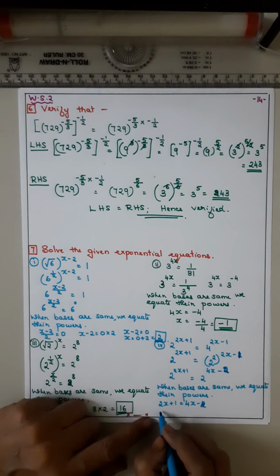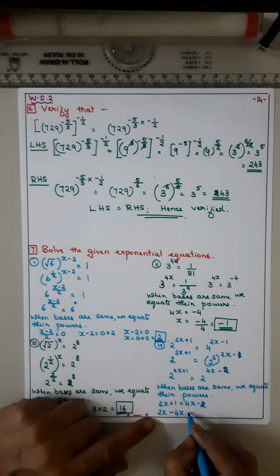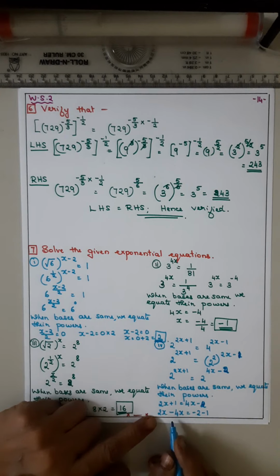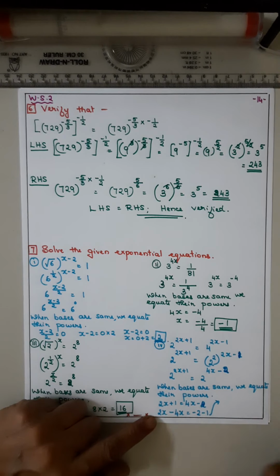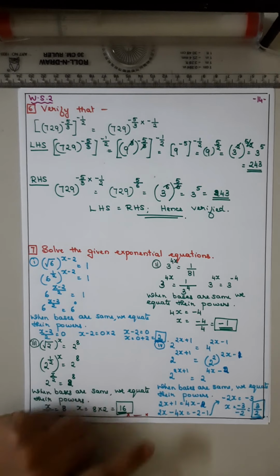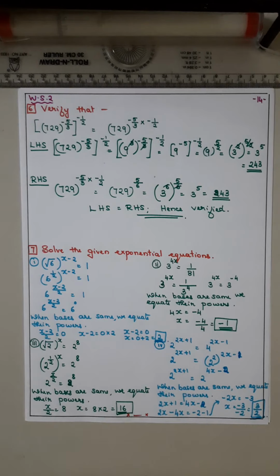Now this becomes 2x, bring it this side, minus 4x is equal to minus 2 minus 1. So this became minus 2x, isn't it? Okay, I'll write it here. Minus 2x is equal to minus 3. Now x is equal to minus 3 upon minus 2. Minus minus becomes plus. So the answer is 3 by 2.